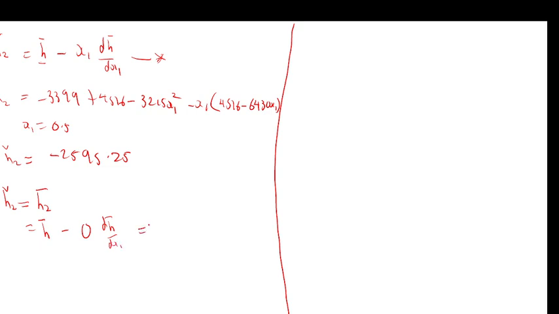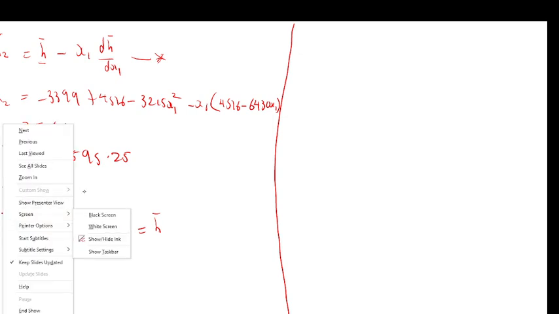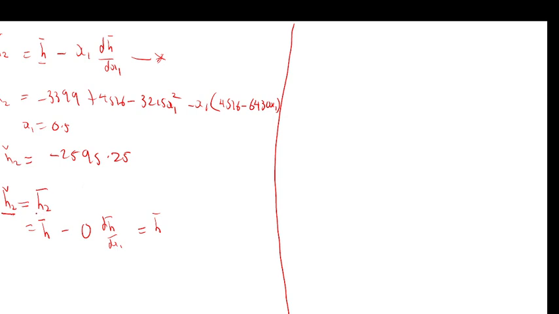And at the end of the day, it's just going to give me h bar, right? Now, what we are saying is that if you're looking at the partial molar for cyclohexane, but it's only cyclohexane that's present, it's purely cyclohexane, then that value is going to be the same as the pure molar property. That's what we are saying by this.